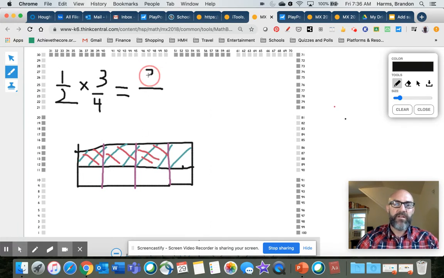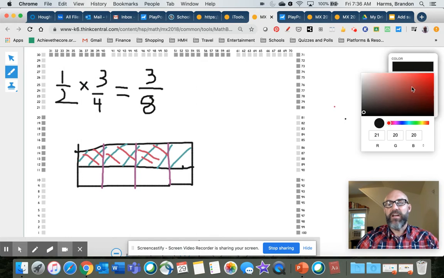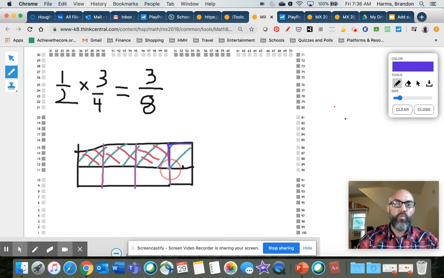The denominator represents the total. There's a total of 8 pieces that make up the entire granola bar. So if I ate 3/4 of only half, I ate 3/8 of the entire granola bar, which means if I share that last piece with my friend, my friend is eating this one last piece that's here.